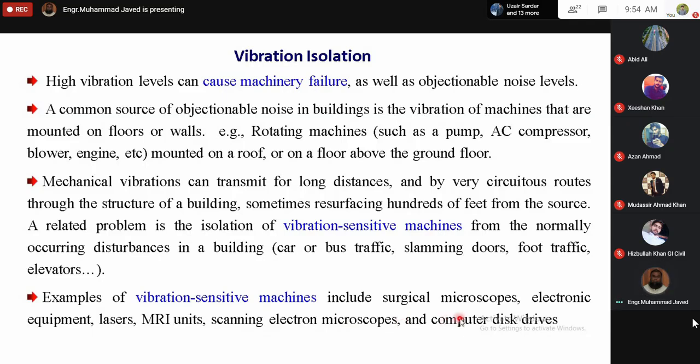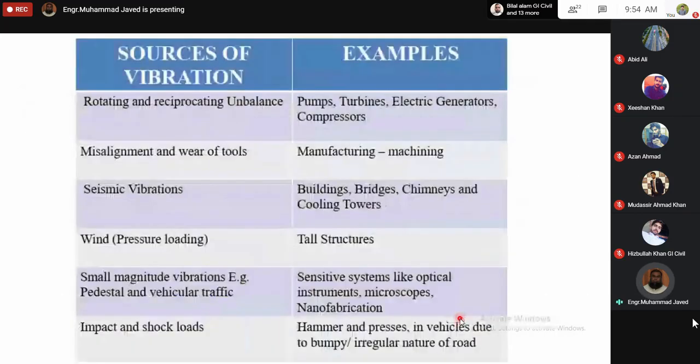So जहाँ पर ये चीजें मौजूद हो, we need to isolate the vibration from the surrounding.